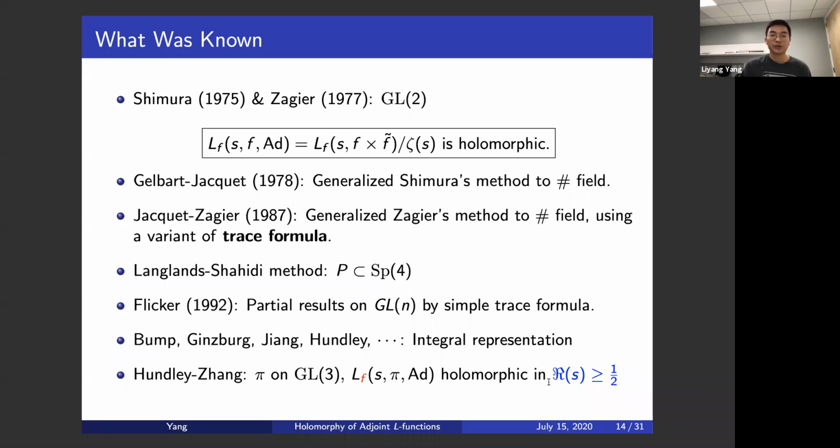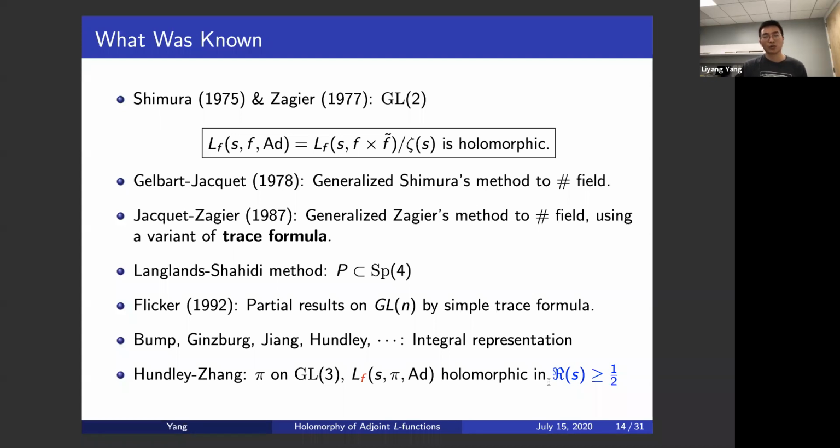For GL2, you can have a simple proof. By simple, I mean a short proof using the Langlands-Shahidi method. You can look at the parabolic subgroup of Sp4, whose Levi is isomorphic to GL1 cross SL2, I think. Then you will get basically the symmetric square L-function from the Langlands-Shahidi method.